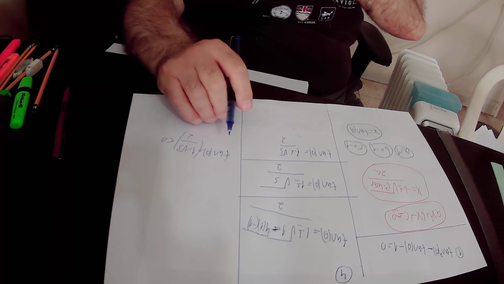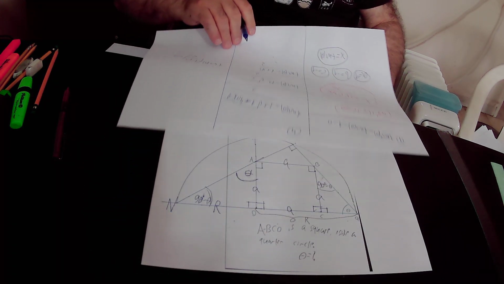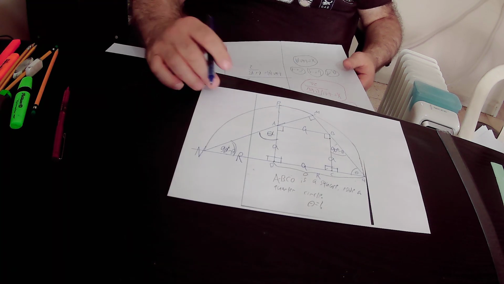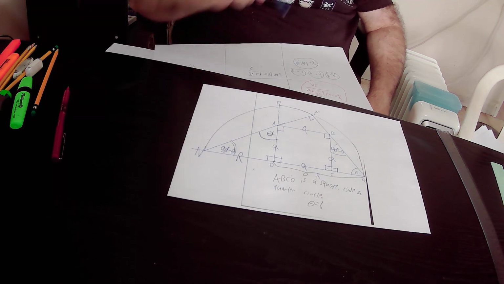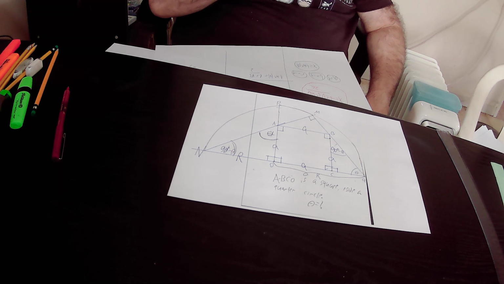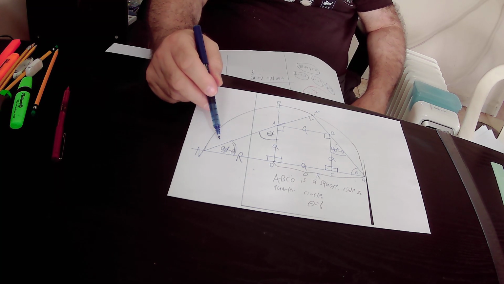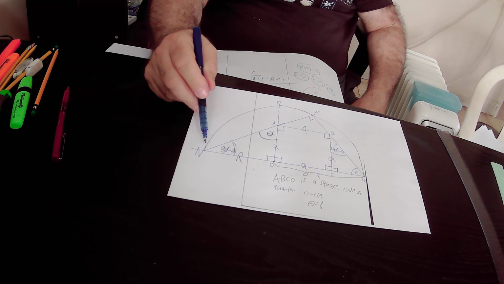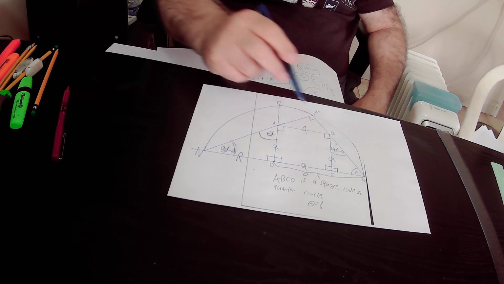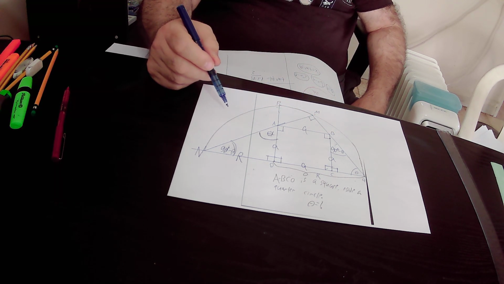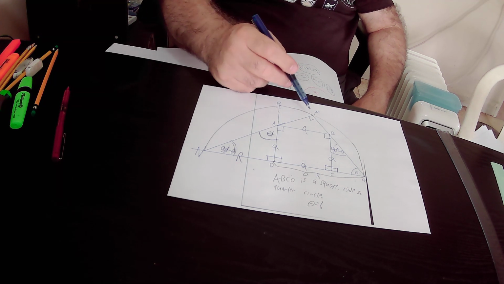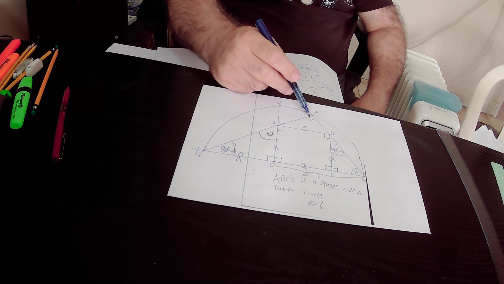And here in the drawing we have this angle. Actually, this angle is inside triangle AMQ, and inside triangle AMQ we know that this angle equals 90 degrees.